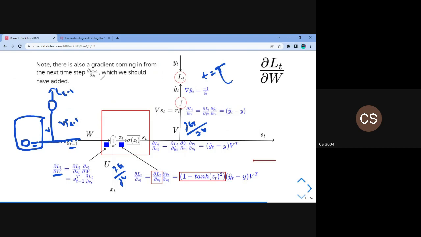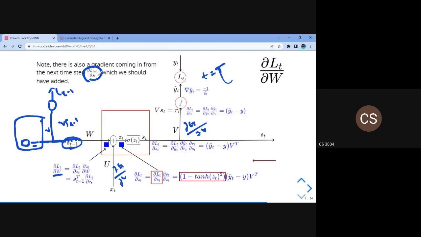So the justification for this one, dou L_{t+1}, I don't know how to put that into words. The only way that we connect these two time steps is through s_t, right?